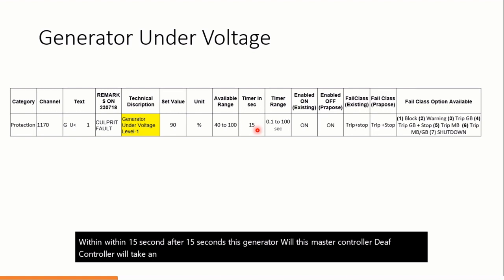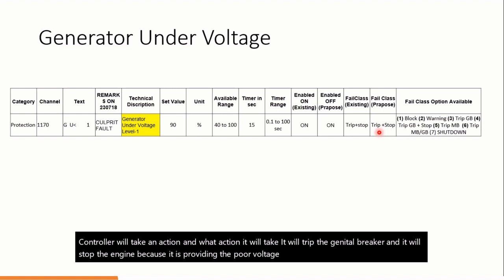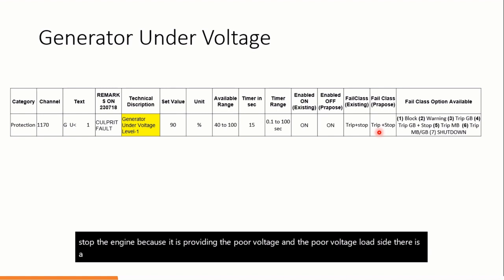And what action will it take? It will trip the generator breaker and stop the engine, because it is providing poor voltage. At poor voltage there is a problem on the load side, so we don't want that problem, and that is why we are tripping the generator.